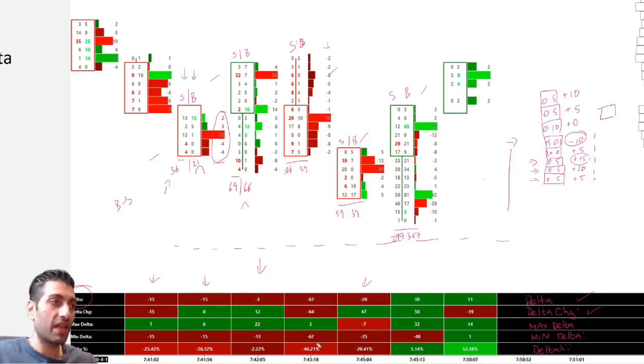Now finally guys, my favorite is delta percentage. Again, this is going to seem a little bit complicated at first, but once you've looked at it a few times it won't. At the end of the day, once you get it, you won't need to be calculating any of this whilst you're trading.